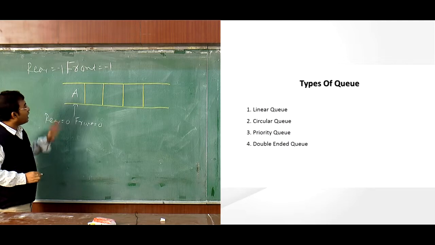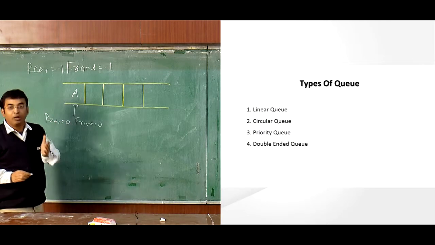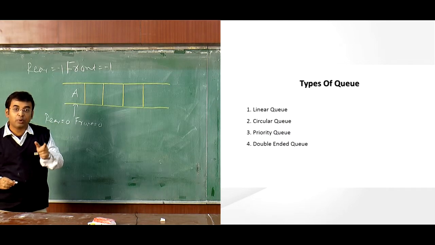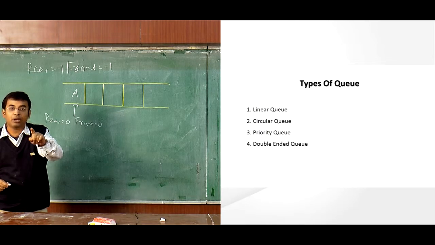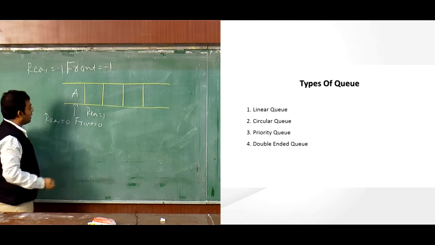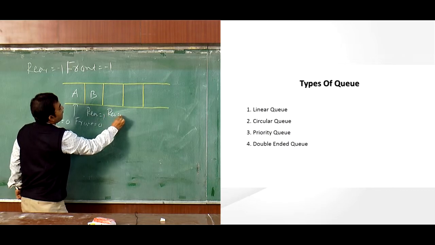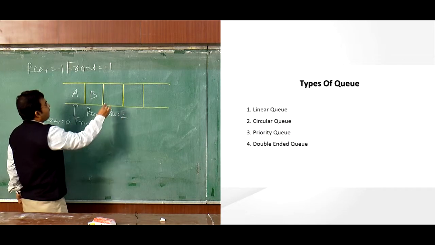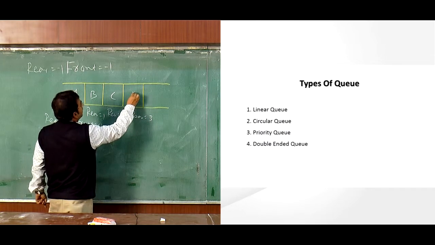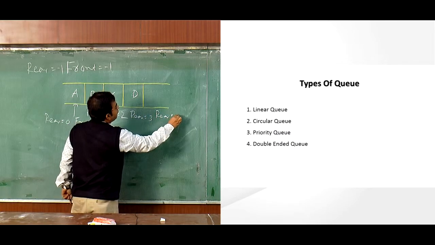Now whenever we want to insert the second element, as I already discussed, the increment should be done through the rear. So we increment rear first, then we insert the element. We increment rear to 1 and then insert, then rear to 2, then insert, rear 3, insert, rear 4, insert.